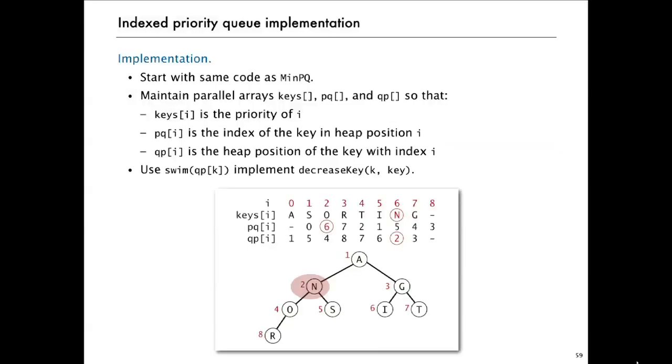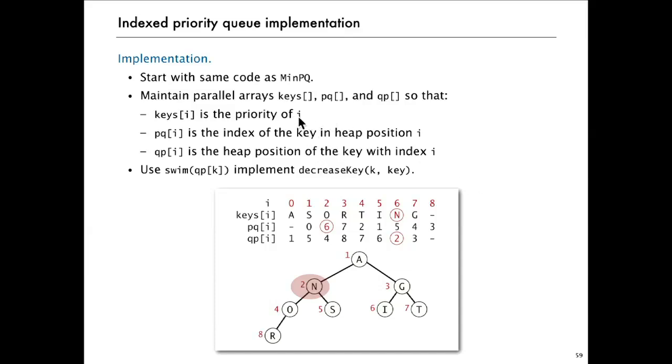Now it's pretty much a topic for part 1 of the course, but we'll give just one slide here to show how these indices help things go around. We're basically going to use the same code, the heap-based implementation of min-pq, but we'll keep parallel arrays that allow us to access quickly all the information that we need.